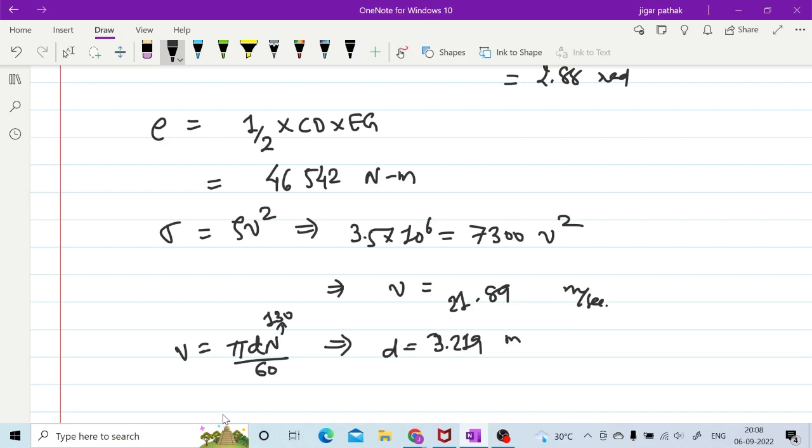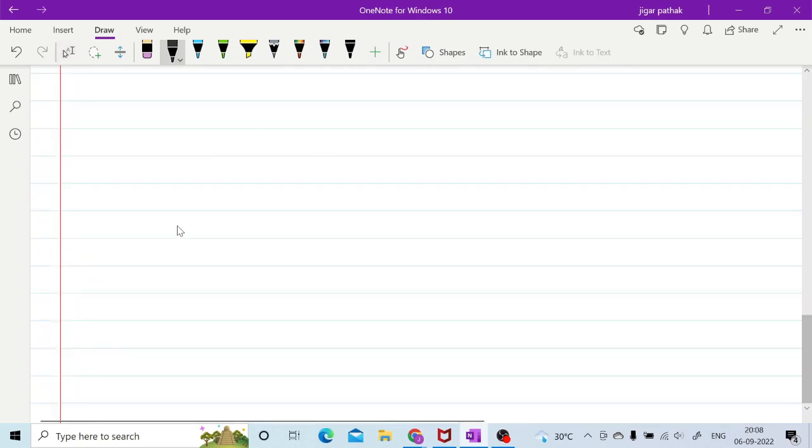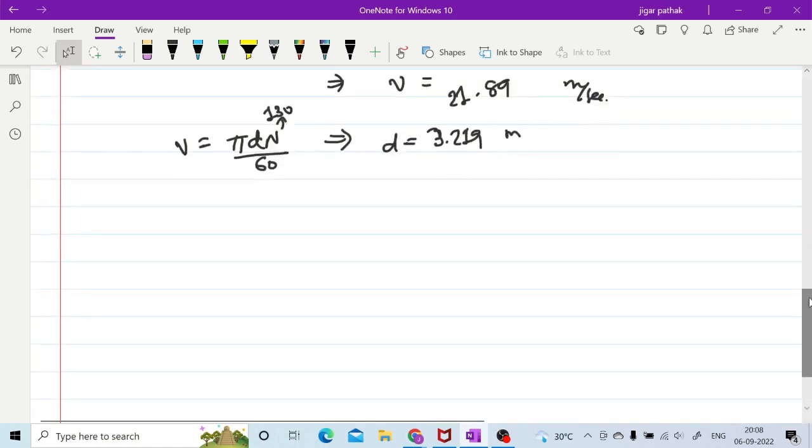Now once you are having this, the energy stored in the rim, actually whatever we have calculated, this E is for the overall flywheel. Now if you talk about the rim, because we are about to calculate the rim dimensions, so this E is for the whole flywheel. If you talk about the rim only, then you have to divide this by 1.1, because it is given in your problem statement.